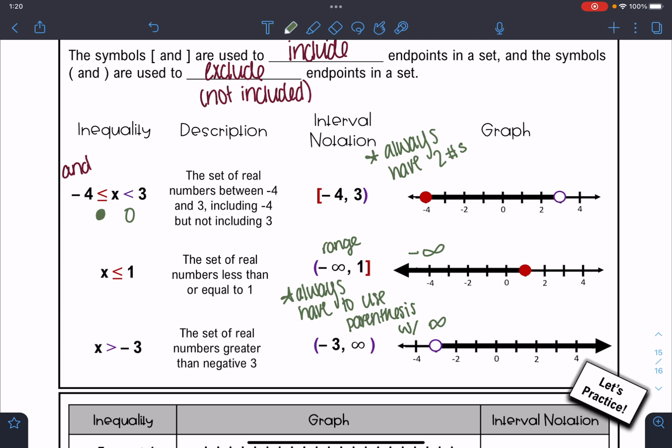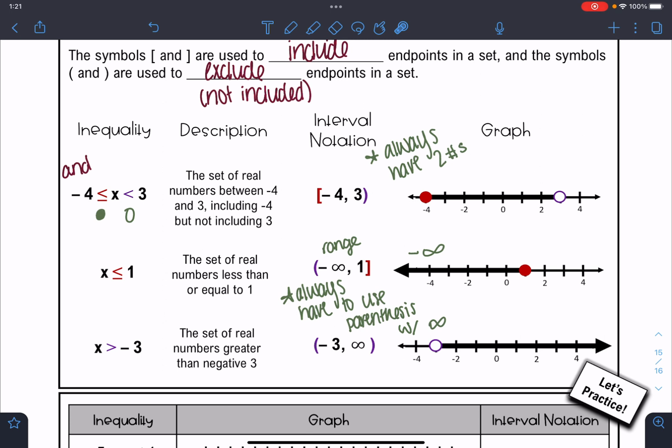So we can't include infinity in our set. We have to technically exclude infinity, which I know is a very weird concept to think about, but I just want us to remember that infinity goes on forever. It's not attainable. It's not a tangible number, right? So we're always going to have to use parentheses whenever you're including infinity as a part of your interval notation.